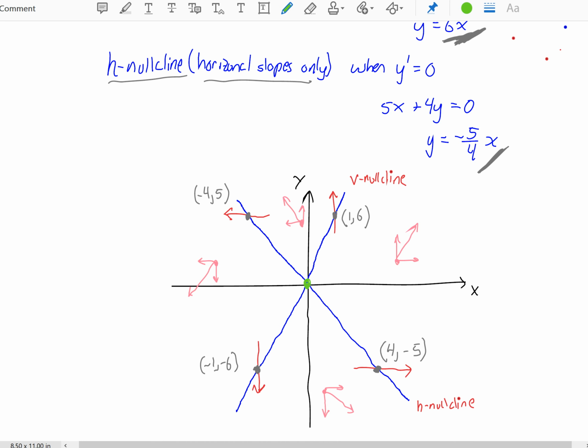Okay, now let's draw our curve. If you started at the origin and you moved up into this first region up here, you'd have to be moving up and to the left. But eventually you'd have to cross that horizontal nullcline only horizontally. Then in this region, you're moving down and to the left. Eventually you'd cross this vertical nullcline moving only vertically. And if you imagine continuing this, it would make this spiral pattern.